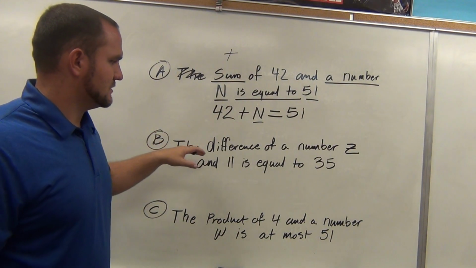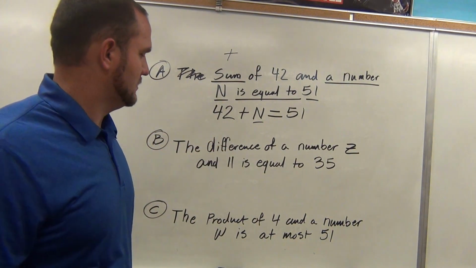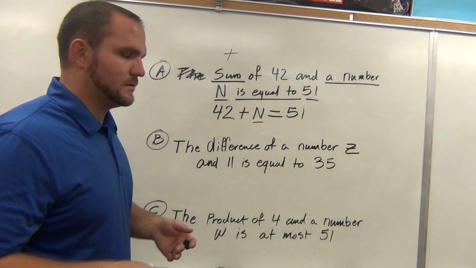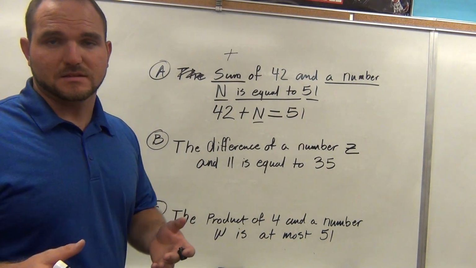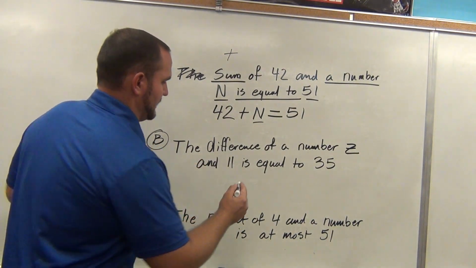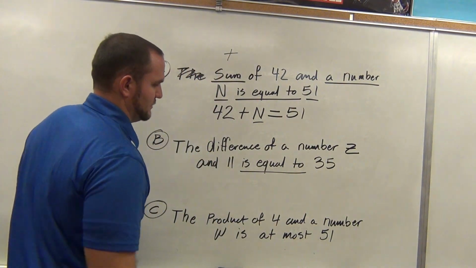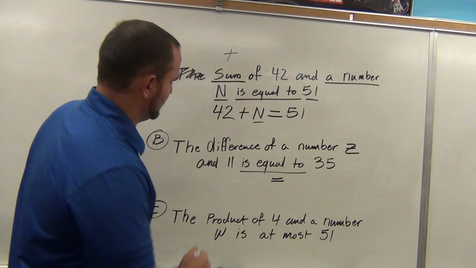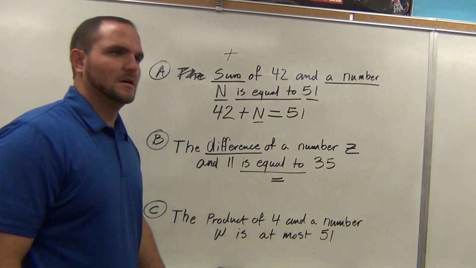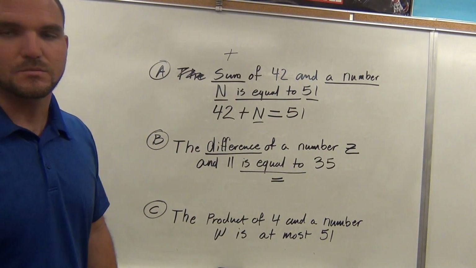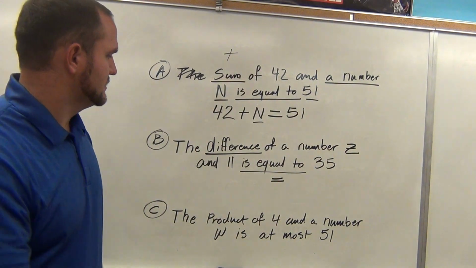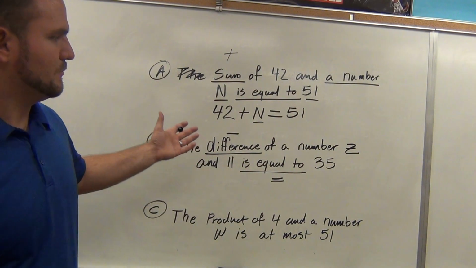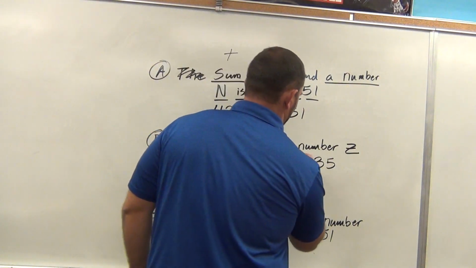So the difference of a number z and 11 is equal to 35. Now, depending on how you do this, you can find different pieces or pull different stuff out. But I can see is equal to, that'd be my equal sign. And the difference, okay, so the difference would be, and hopefully you can answer that one, subtraction. So the difference of a number z, so remember this phrase right here is kind of important.